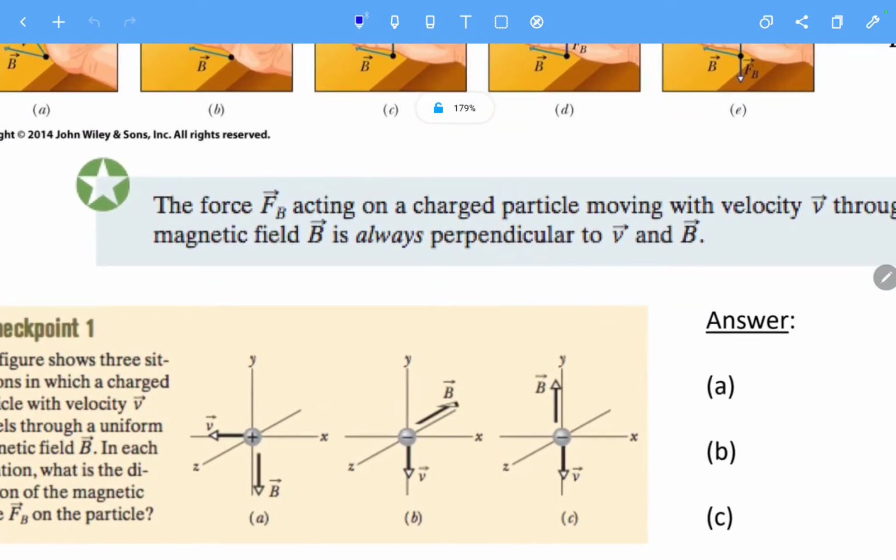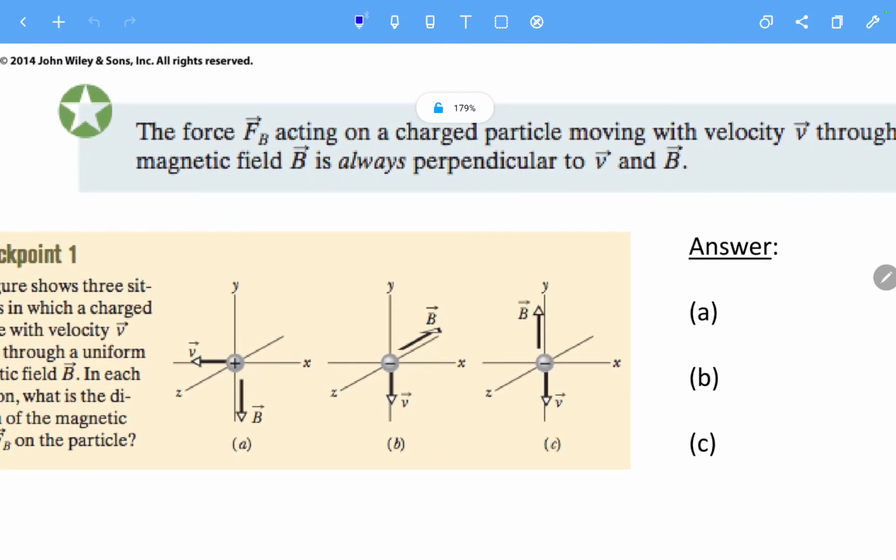For the first one, v points to the negative x-axis and B points to the negative y-axis. Here is positive x, positive y, positive z. So what is the direction of v cross B?